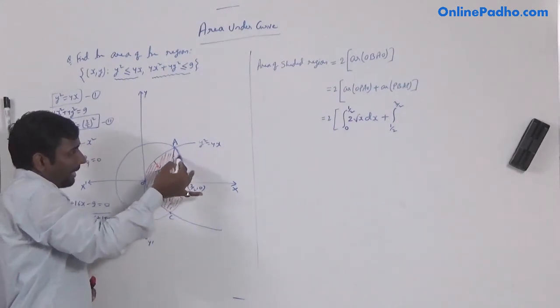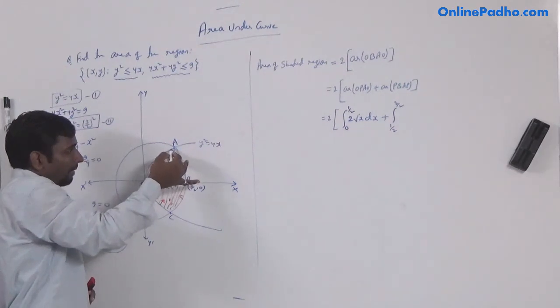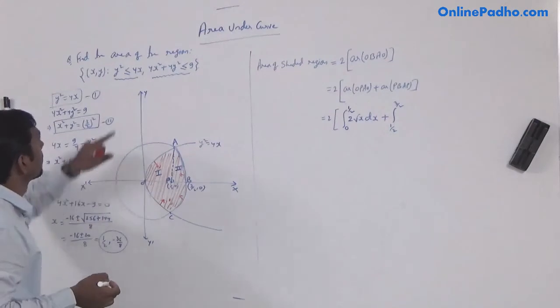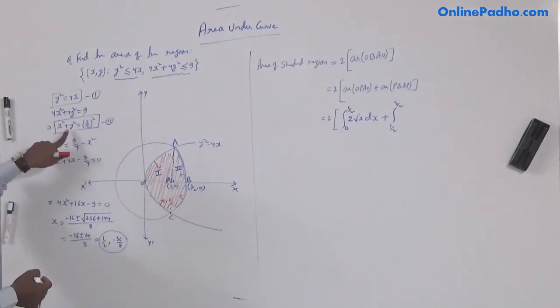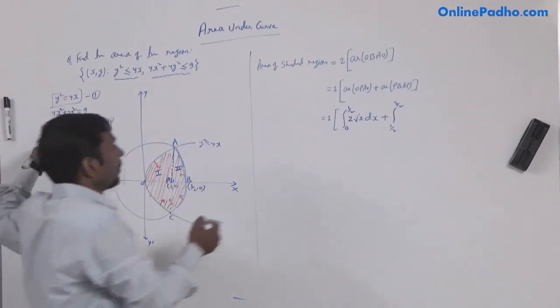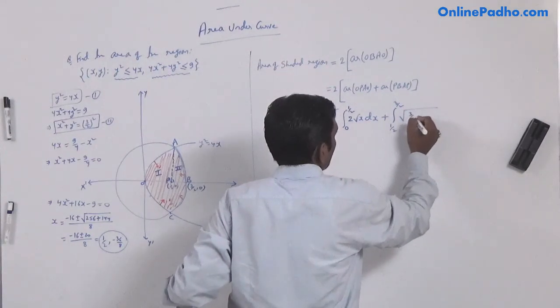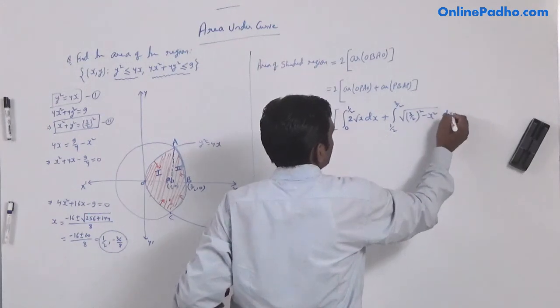We have to find the area under this circle from 1/2 to 3/2. And the circle is 4x square plus 4y square equals 9. Writing y in terms of x, we get the square root of (3/2) whole square minus x square, with respect to x.